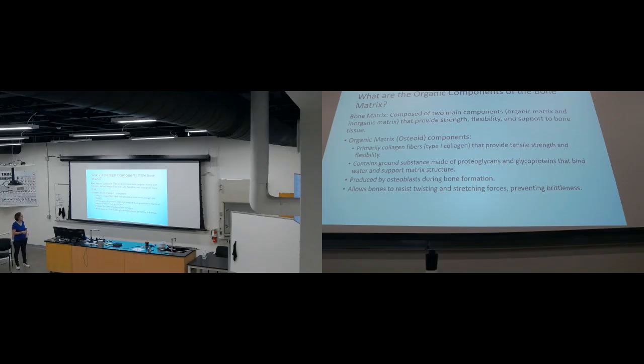So these collagen fibers are embedded within the ground substance, which is made out of proteoglycans. So proteoglycans are a combination of what? Two molecules. Proteo sounds like what? Proteins, and then glycans are carbohydrates, glucose.